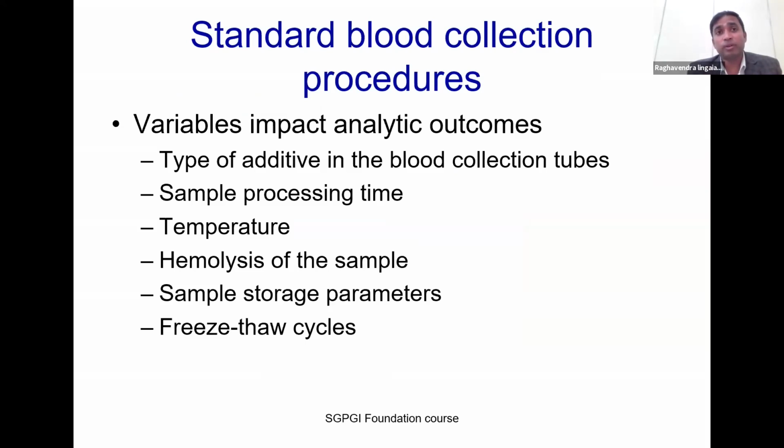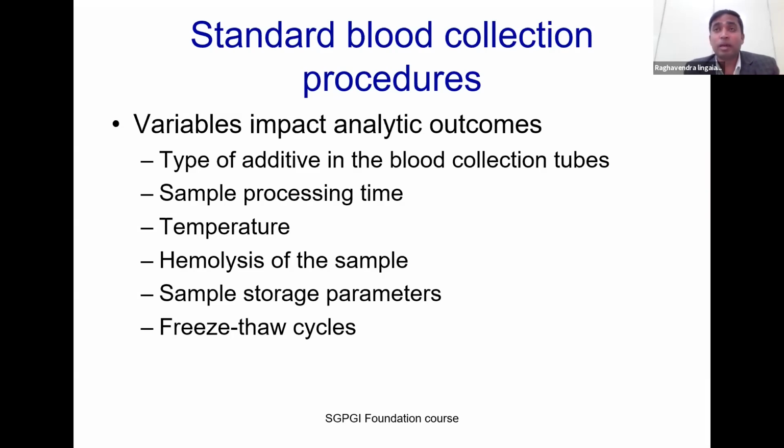And frequently, if you are into research or have stored the sample for research, you plan one marker today and another marker 1 or 2 months later, and you are using the same aliquot of the sample.